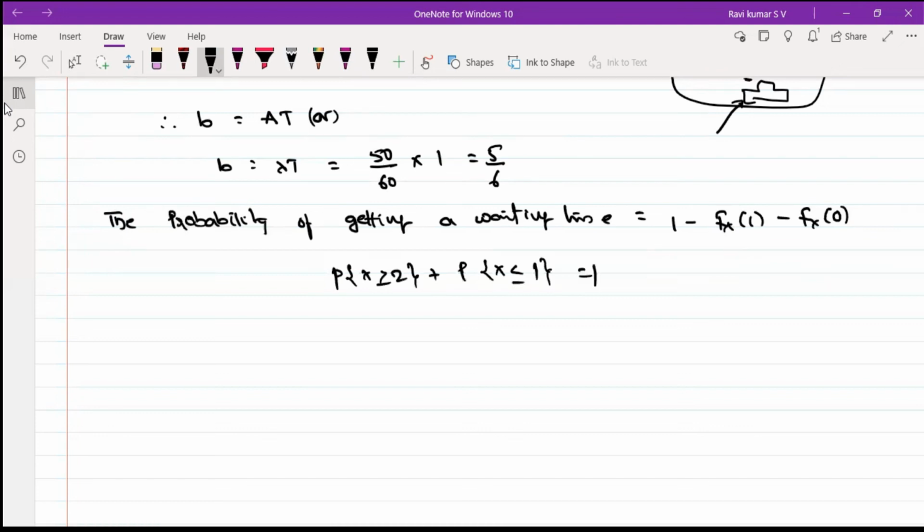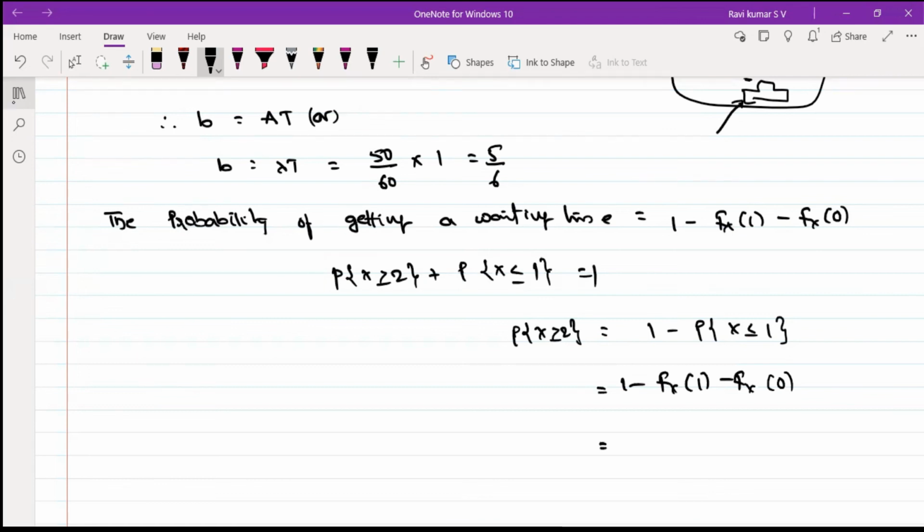Based on this, I can write the probability of x greater than or equal to 2 as 1 minus the probability of x less than or equal to 1. Substituting in the density function equation: what is the density function equation?